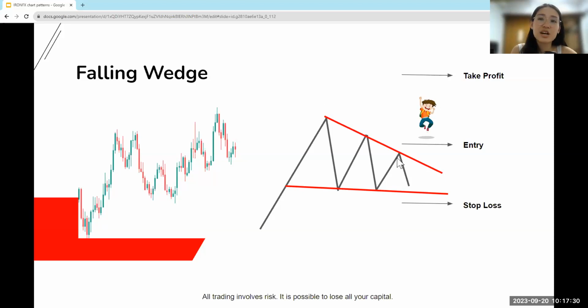The upper red line is our resistance level, and we are expecting price to break out of it, because there's a lot of downward pressure pushing on this shape, so we're expecting price to break out, and that's why our take profit would be a little bit higher up. That's why I've arranged the levels in this way for you guys to see.